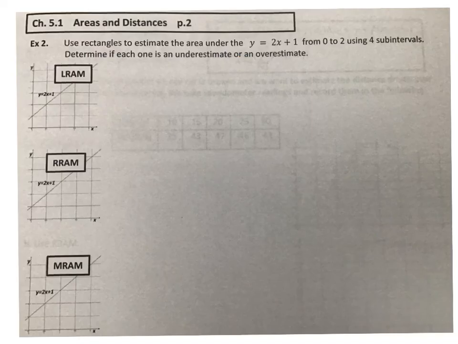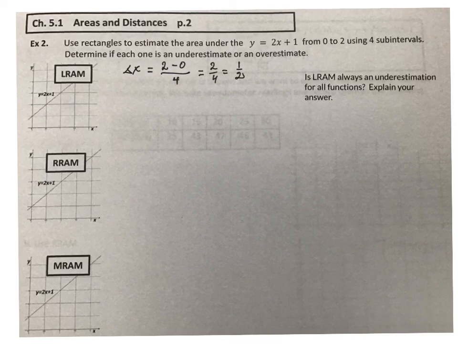Now you try example number 2 using the left rectangular approximation method, the right, and the midpoint. And remember, delta x is the base of your rectangle, and the base is (2 minus 0), or b minus a, divided by 4 subintervals, which is base equals 2/4, or 1/2.